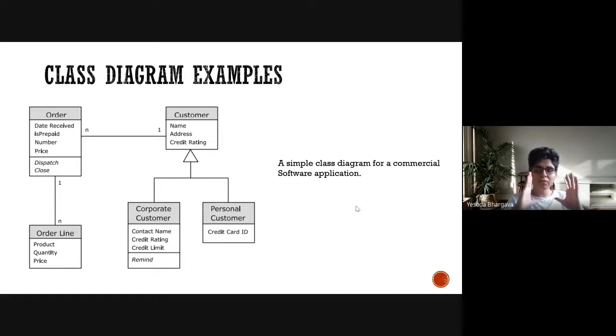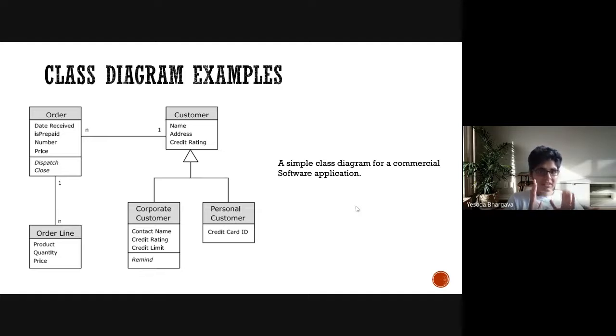Normally, if you have to develop a class diagram, the first thing that you need to identify are your classes. Second are the attributes of those classes, then the methods in those classes. Then you need to understand the associations between these classes, their multiplicities, and inheritance or any other kind of relationship.